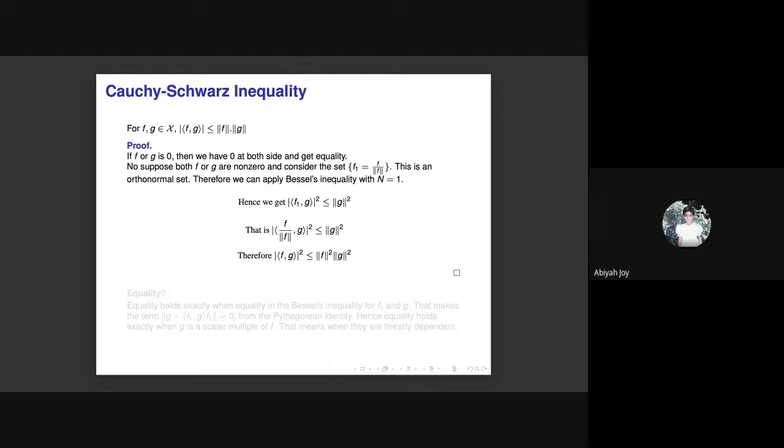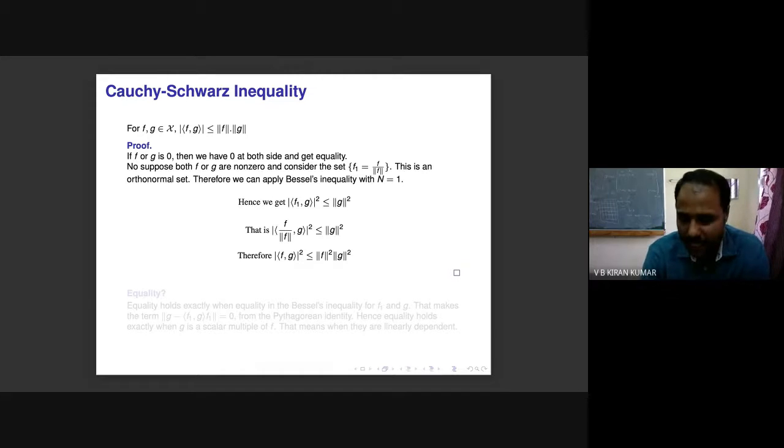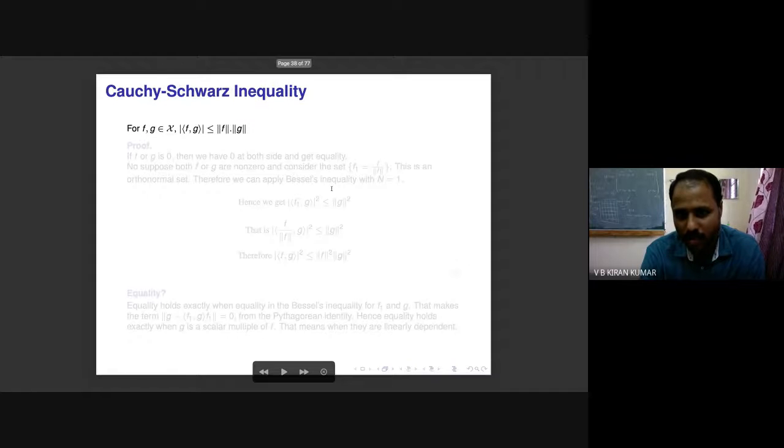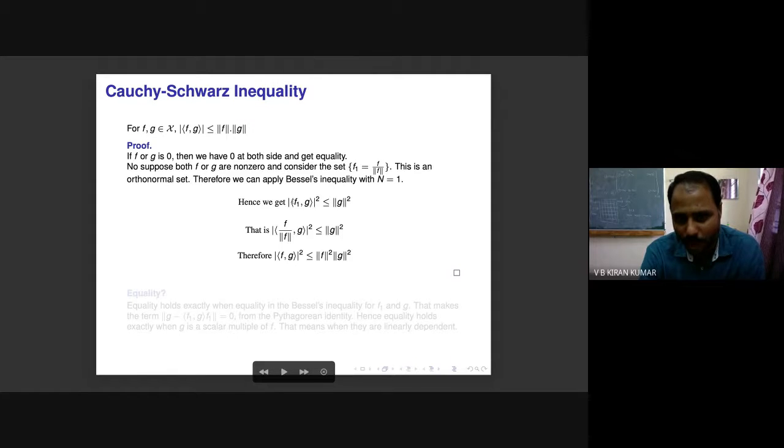So for orthonormal sets, I can apply Bessel's inequality. Instead of n elements, I have only one element, f1, so you don't have any sum here. Simply, absolute value of the inner product f1g square will be less than or equal to norm g square.